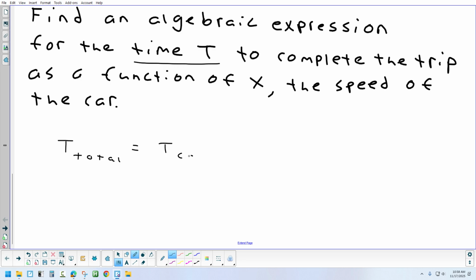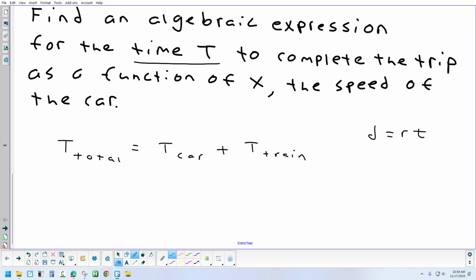So we'll do the time in the car, plus, we need to also find the time she's on the train. That's the general idea for the total amount of time. It's how much she spends in the car and how much she spends on the train. Now, we have a formula to calculate time.